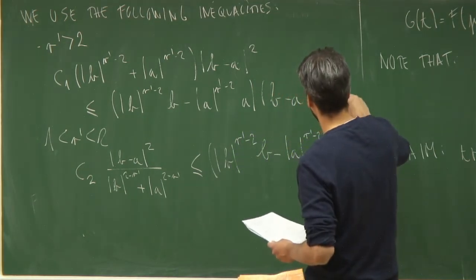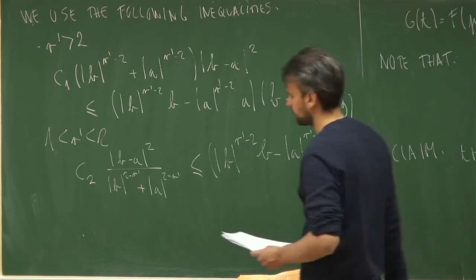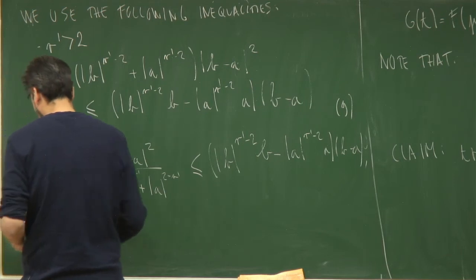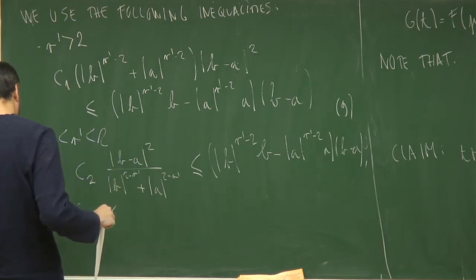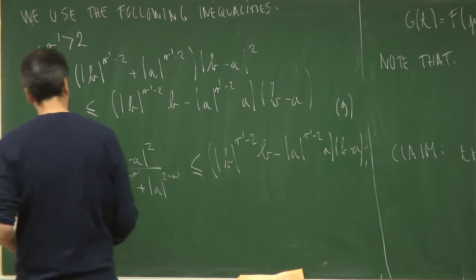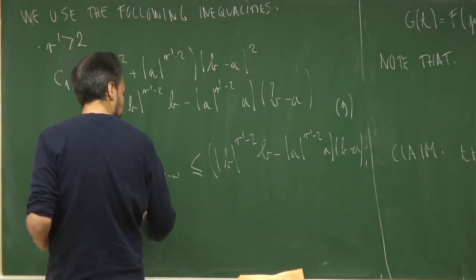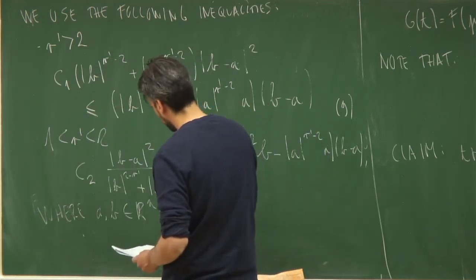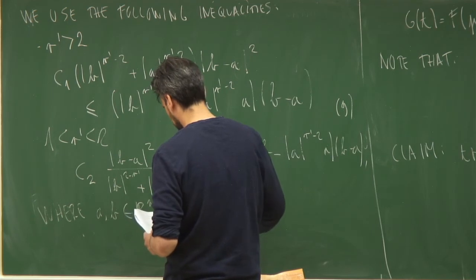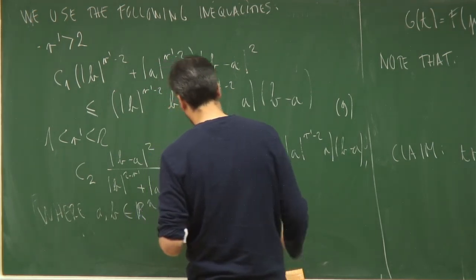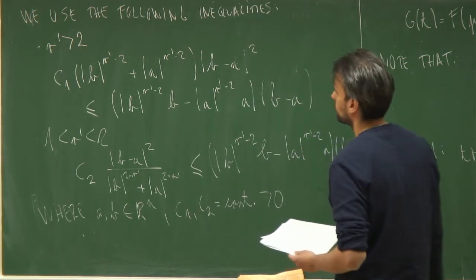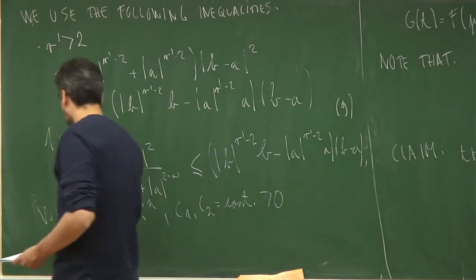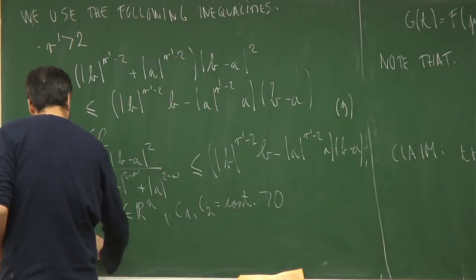We denote these two inequalities by 9, where A and B are generally from R^n, and C1, C2 are constants bigger than 0. These inequalities were shown by Sandri.